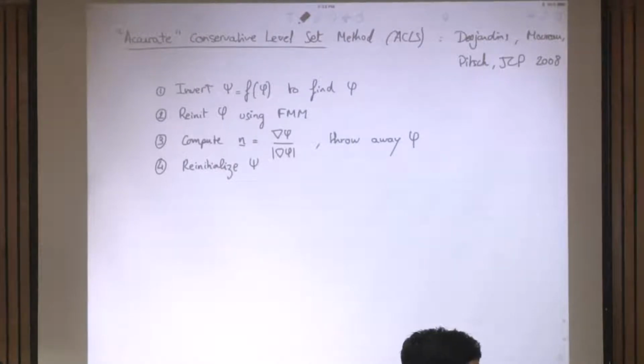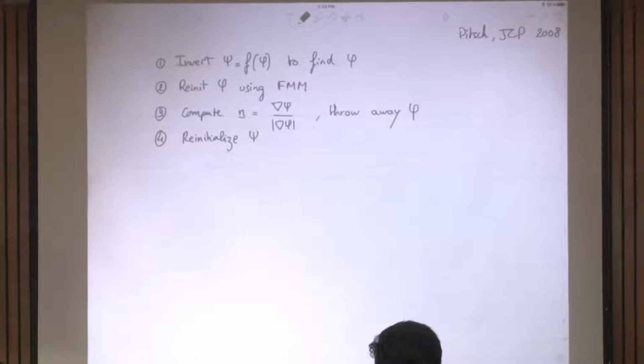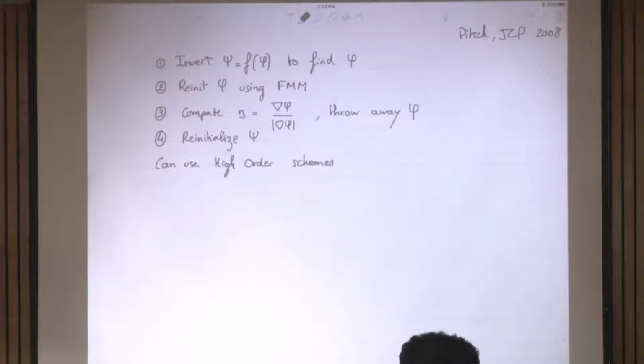And so we ended up using fifth-order accurate, slightly oscillatory transport, thereby greatly increasing the accuracy of the overall thing. So we can use high-order schemes robustly.